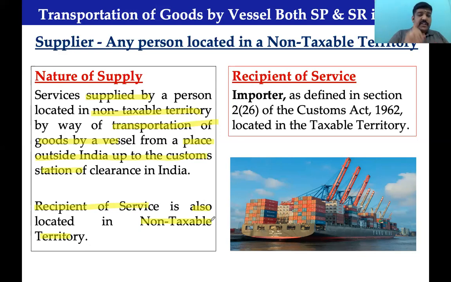I'll be very conscious. Supplier of service outside India, recipient of service outside India, but the movement of that transaction of goods or movement of that services is from a place outside India to India, then the beneficiary to the transaction would be liable to pay tax under reverse charge.